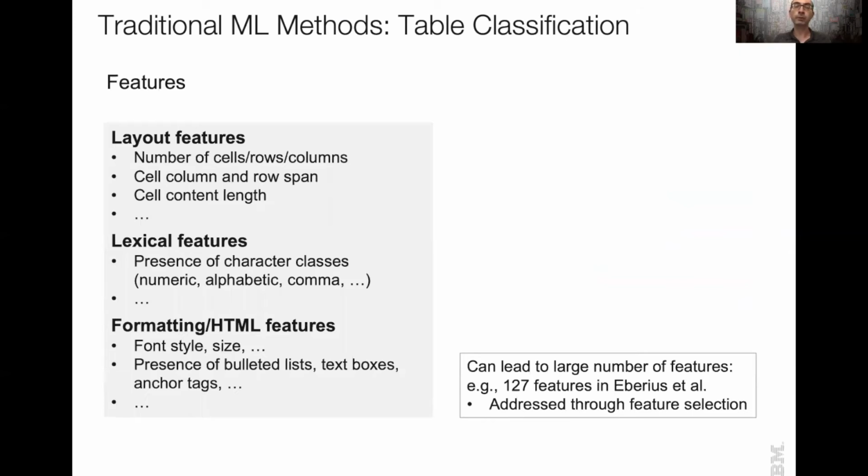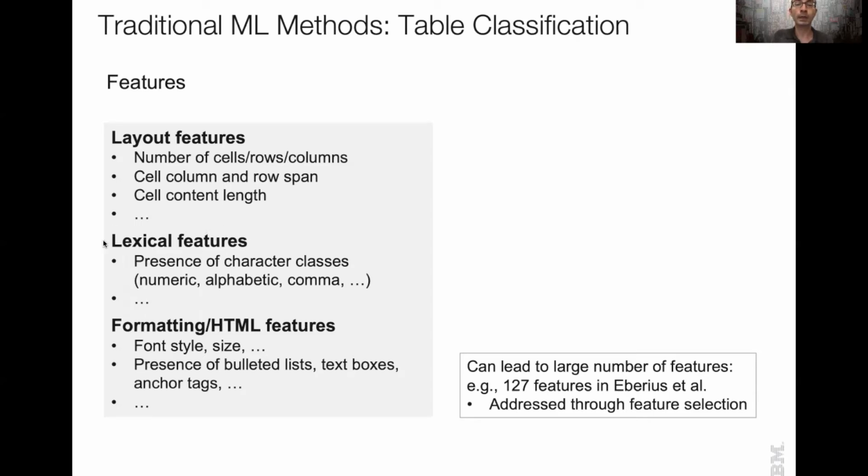Also, in terms of features, each work used different sets of features, but the features in general fell within a few broad categories. And in particular, some of them were layout features that had to do with the structure of the table, including how many cells are in a table or how many rows or columns are in a table.